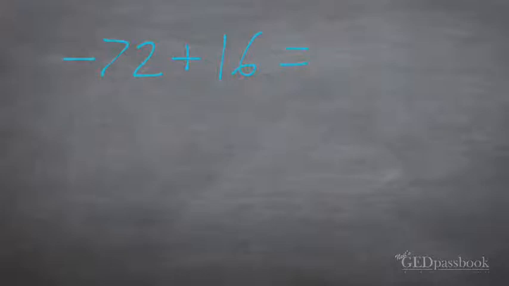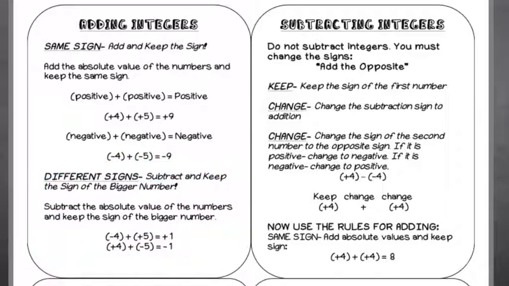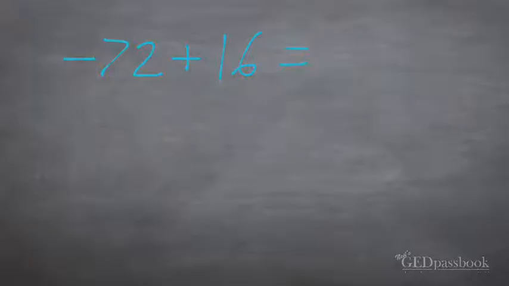Negative 72 plus 16. If you notice, we're adding. Both my numbers have a different sign. So I'm going to use this second rule right there. Subtract and keep the sign of the bigger number. What's 72 minus 16?